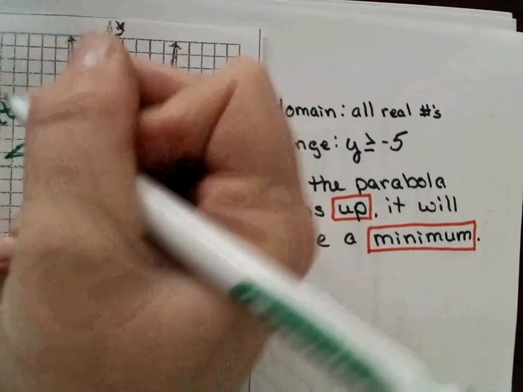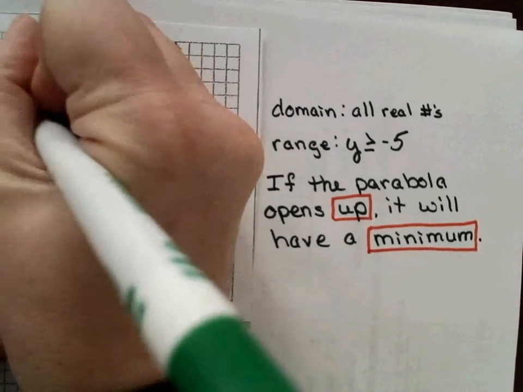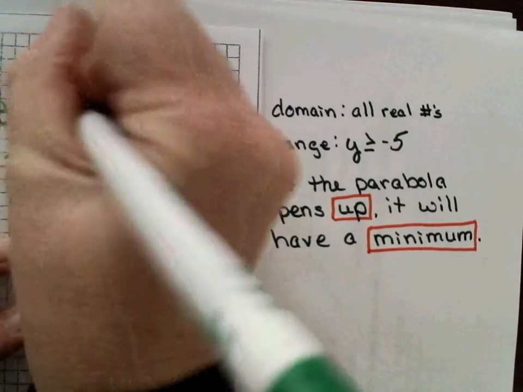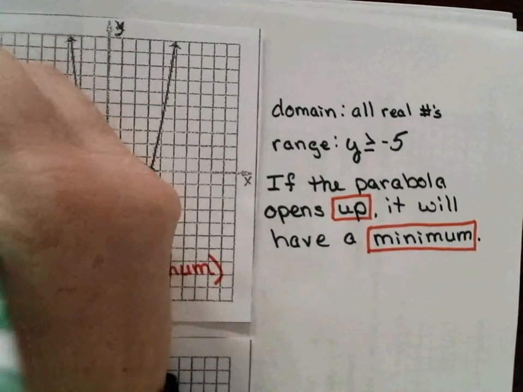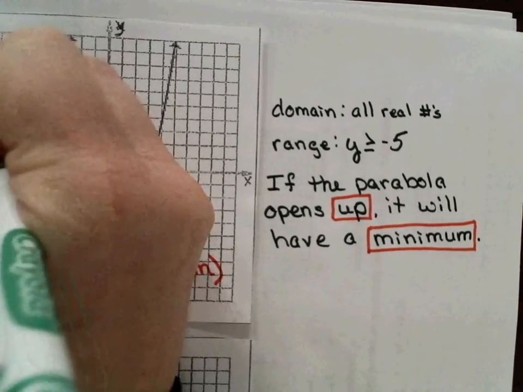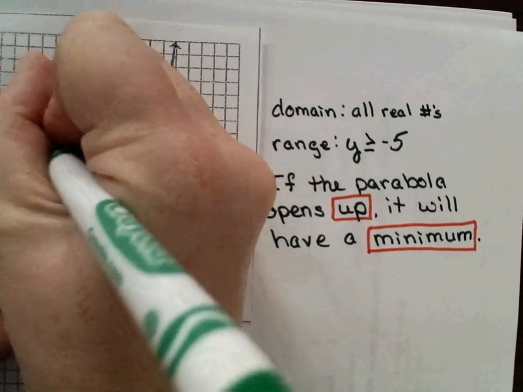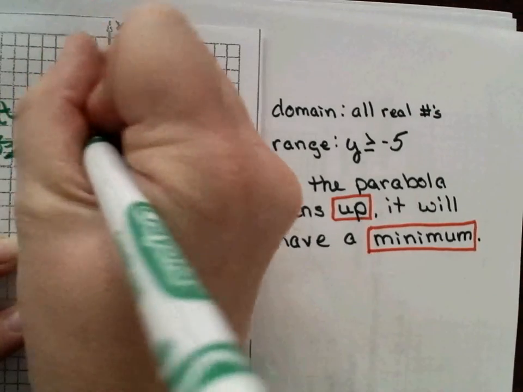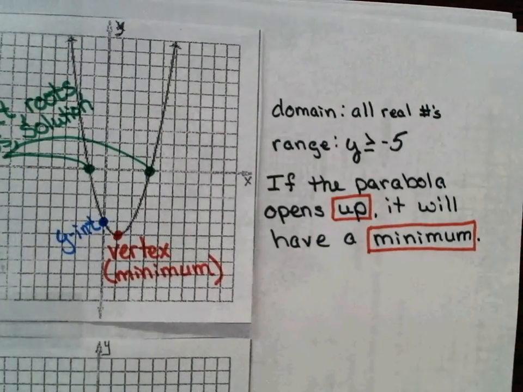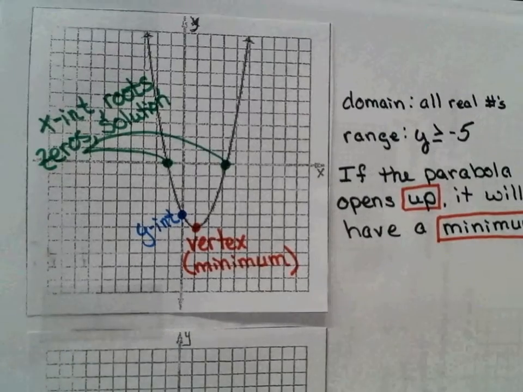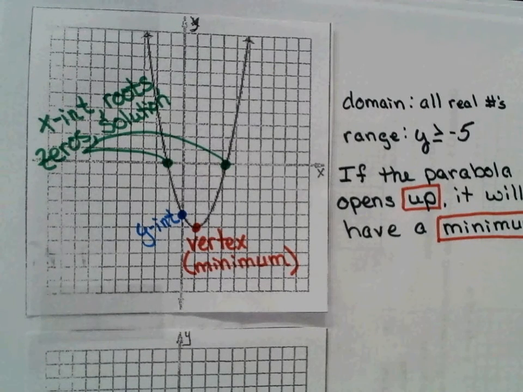It is also called your roots, your zeros, and your solution. So it's your x-intercept, is your roots, your zeros, and your solution. And we will be focusing on those when we get back in January.